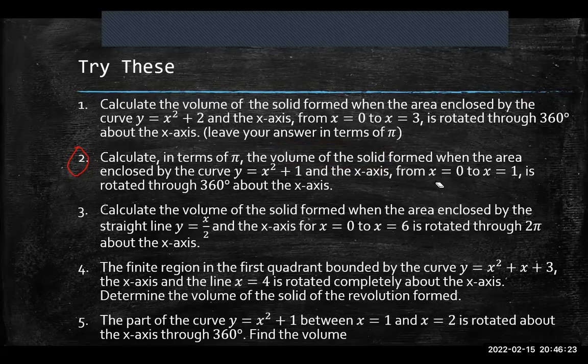And then they told me that x is equal to 0 and x is equal to 1. So the bigger number is b, so b is 1, and the smaller number a is 0. Using that information, I have everything I need. So all I need to do is substitute it into my formula and find the value. Try.